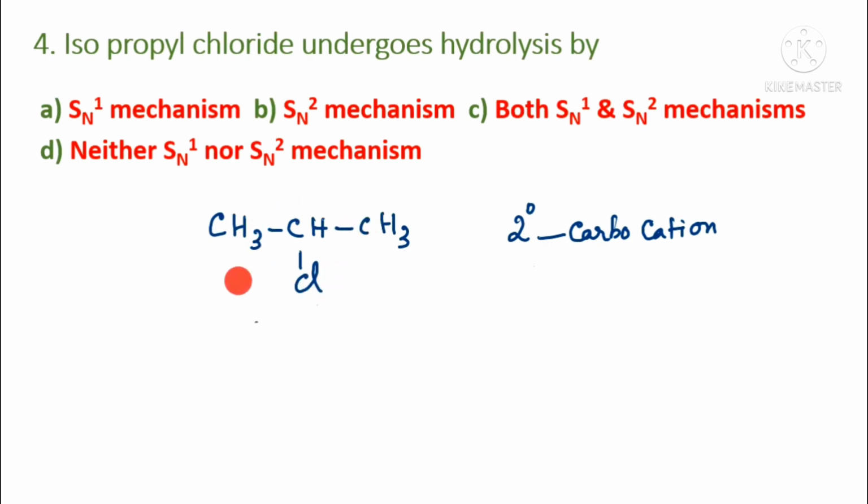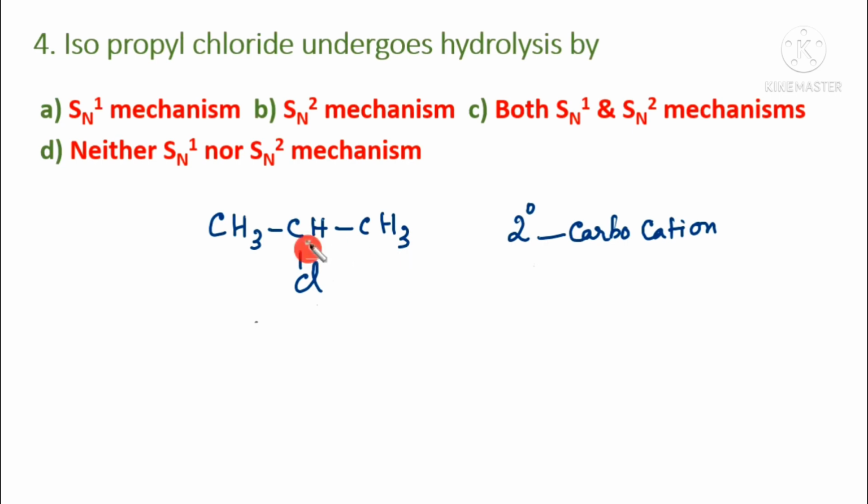But this compound is not much sterically hindered because this area is free. So the OH-, or whatever the nucleophile may be, can easily approach and attack this carbon, and the SN2 mechanism can easily take place.